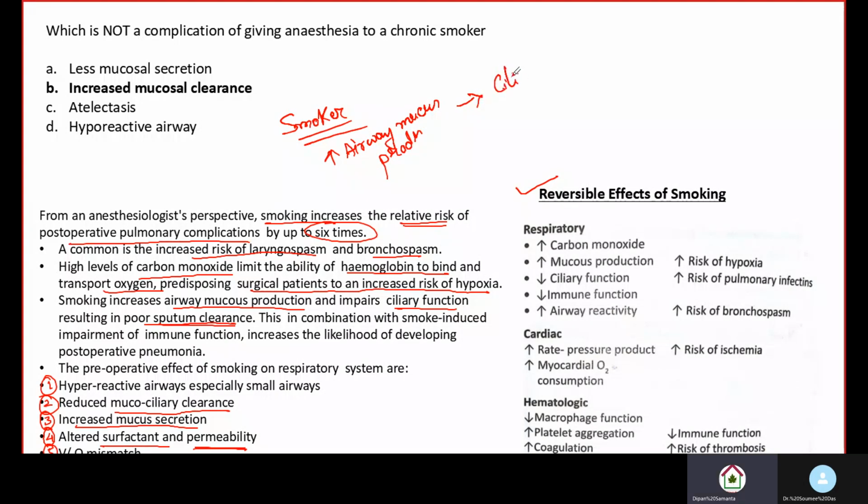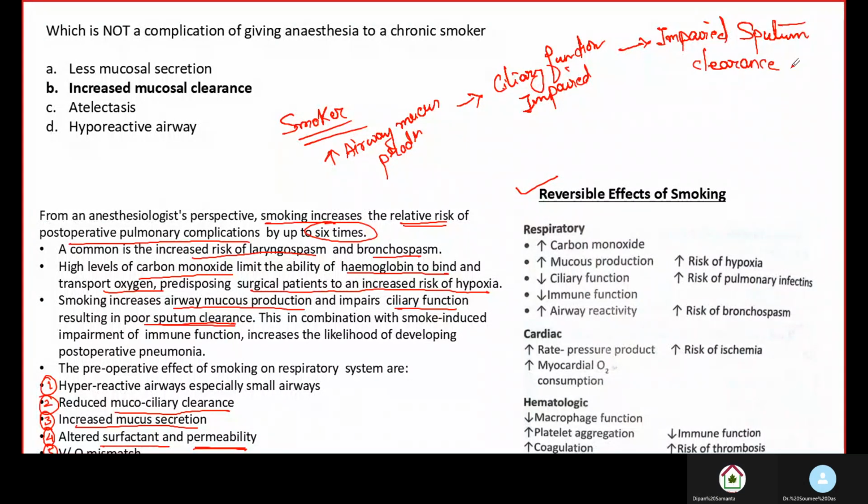Ciliary function in the airway is impaired. So basically, the sputum clearance mechanism is impaired.